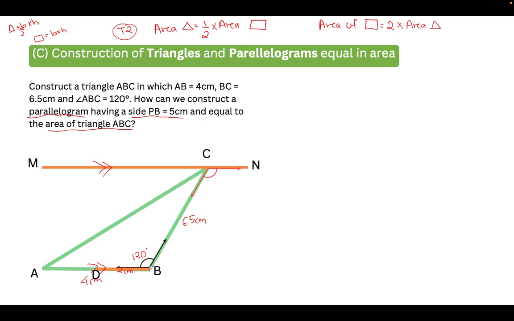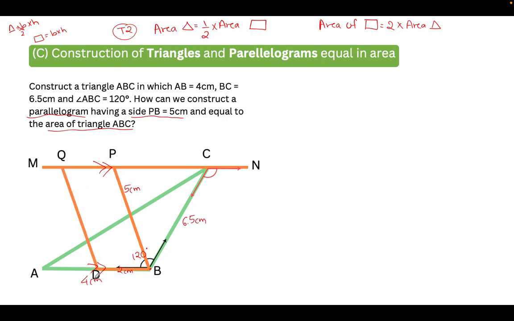So we will first measure the 5 cm with a compass, and then we will place one end of the compass here at B and the other end making an arc at line MN so that it becomes PB, which is 5 centimeters. Again from D we will make an arc of 5 centimeters to MN.